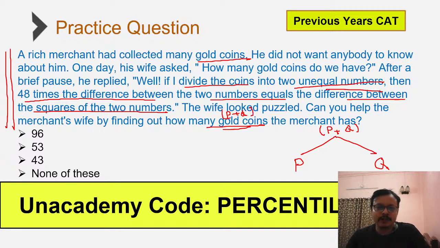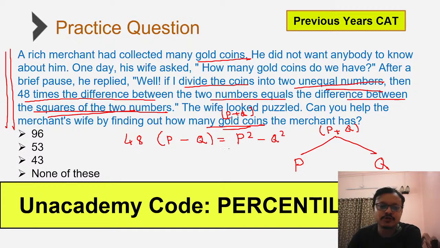Now, what is said about P and Q? When I divide them into unequal numbers, then 48 times the difference between the two numbers, that is 48 into P minus Q, is equal to the difference between the squares of the two numbers. So 48 into P minus Q is equal to P square minus Q square. What is P square minus Q square?